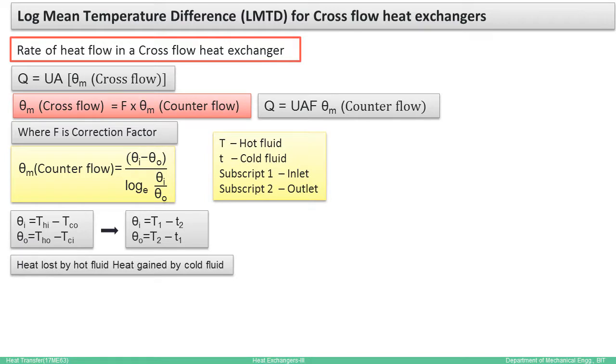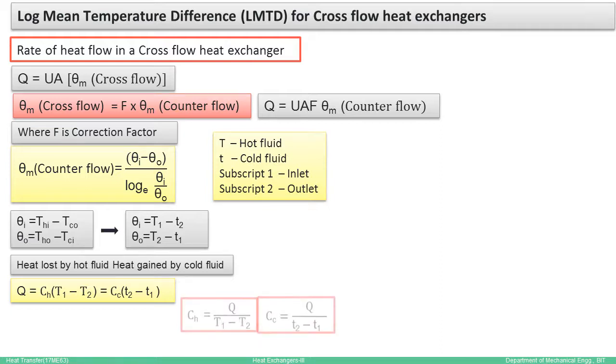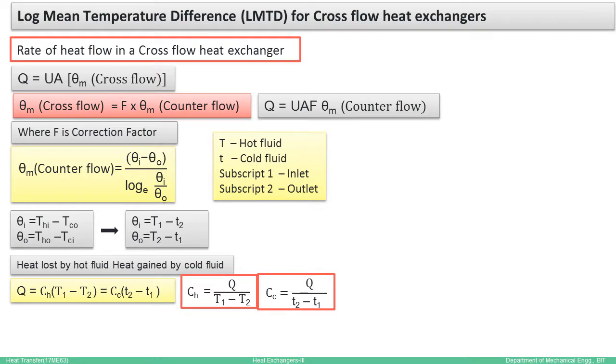We also know that heat lost by the hot fluid is equal to heat gained by the cold fluid, and according to the new terminology we have Q equal to CH into T1 minus T2, equal to Cc into small t2 minus small t1. Rearranging this equation for CH and Cc, we can write CH equal to Q by (T1 minus T2), and Cc equal to Q by (small t2 minus small t1).